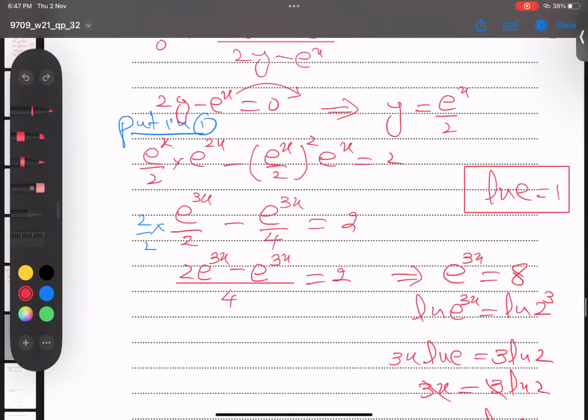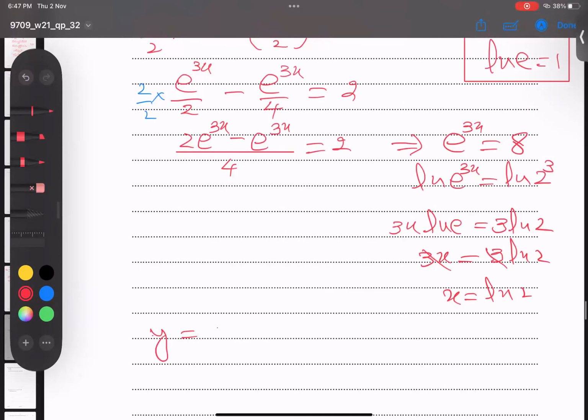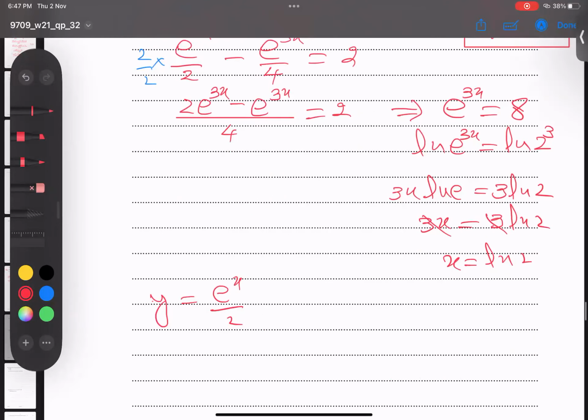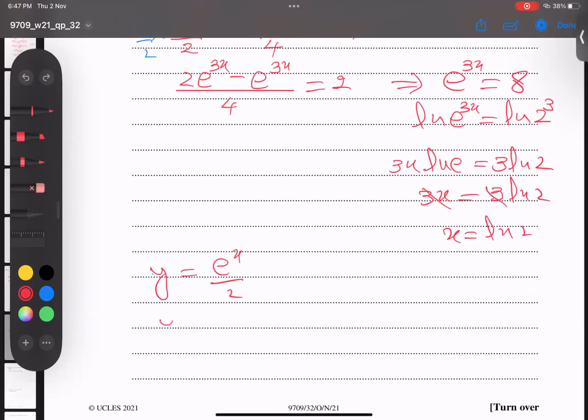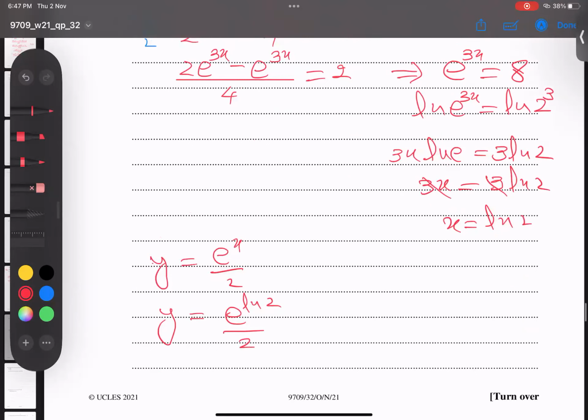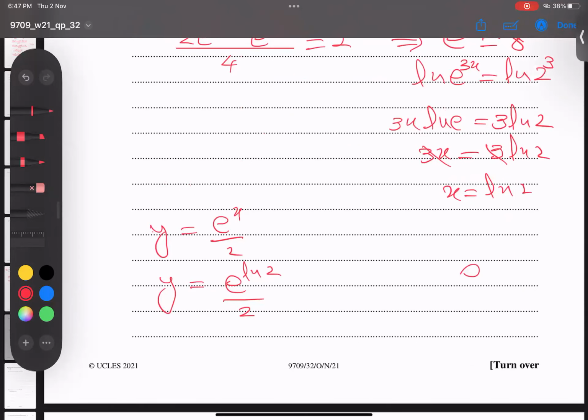So let's find it. What is y? y is equal to e to power x by 2. When I plug in this value here, students, I'll get the y value. So e to power ln 2 by 2. Before I start, I just tell you e to power ln k. Or you can just take a number. If you type it in a calculator, e to power ln 7, the e and ln will cancel, I get 7.